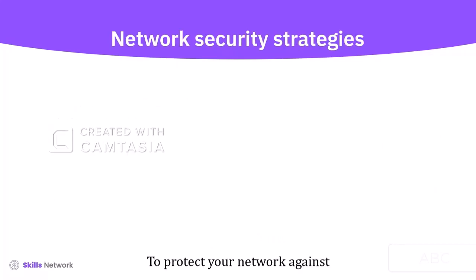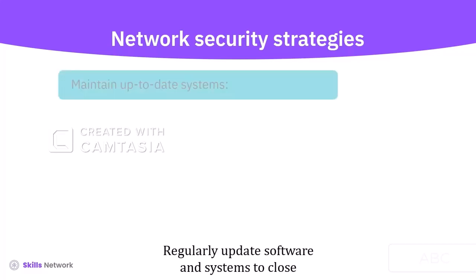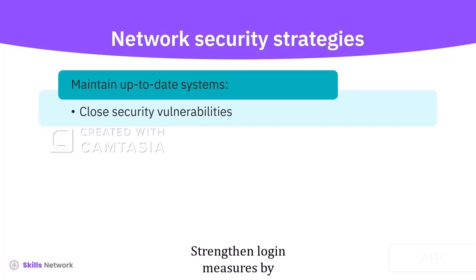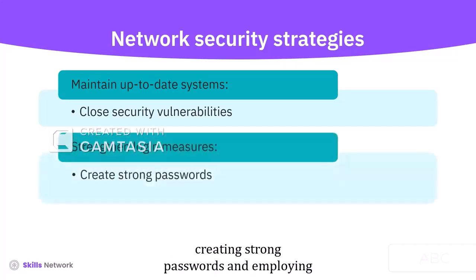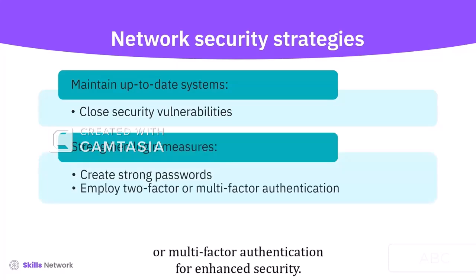To protect your network against unauthorized packet sniffing, implement these strategies. Regularly update software and systems to close security vulnerabilities, preventing cyber intrusions. Strengthen login measures by creating strong passwords and employing additional verification methods like two-factor or multi-factor authentication for enhanced security.